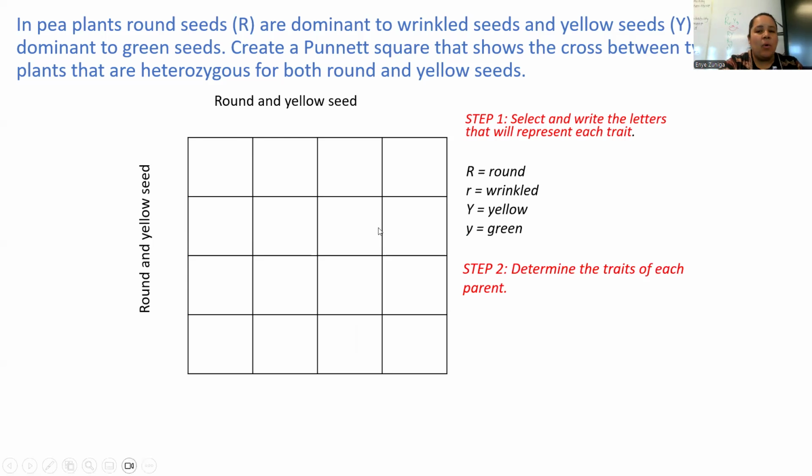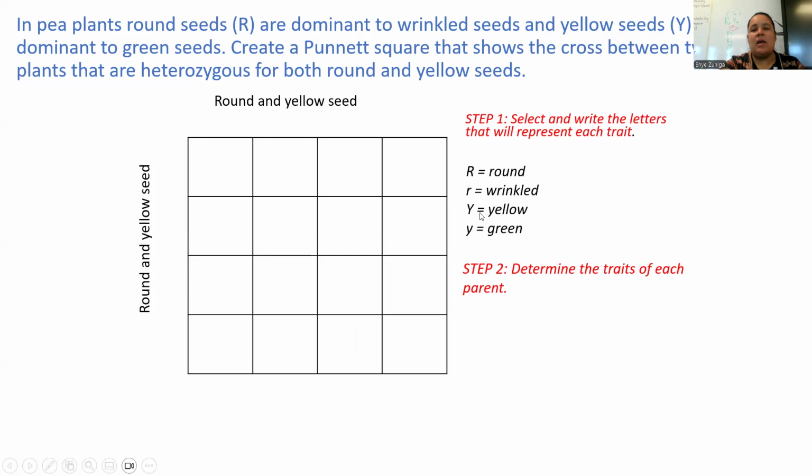Now, the next thing you want to do is find the code for a round yellow seed. So round is coded by a capital R, which means that if it's heterozygous round, one is going to be capital and the other one's going to be lowercase r. Okay. And they also have a yellow seed.